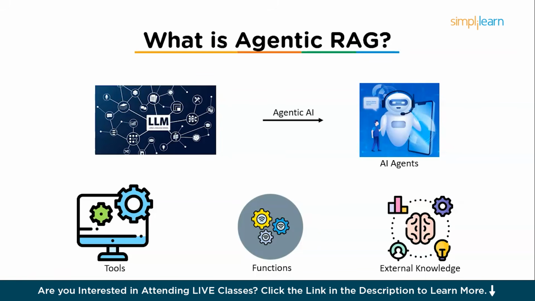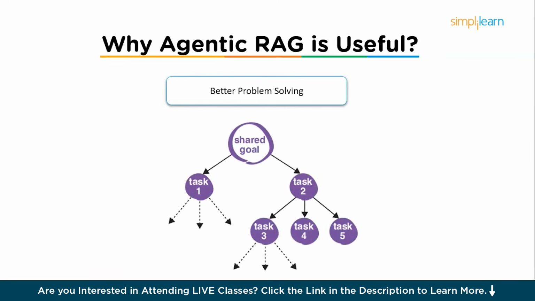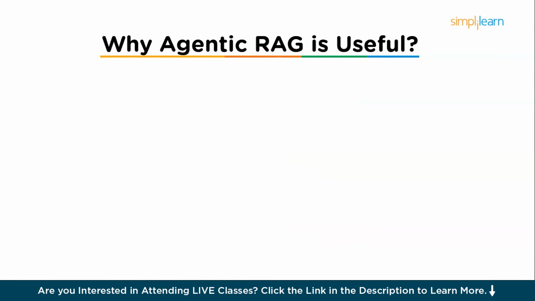Now we'll understand why Agentic RAG is useful. It is useful because of better problem solving. By distributing tasks among specialized agents, Agentic RAG can handle more complex and nuanced problems than a single language model might manage on its own. Then we have tool integration. Each agent is not limited to just language processing.